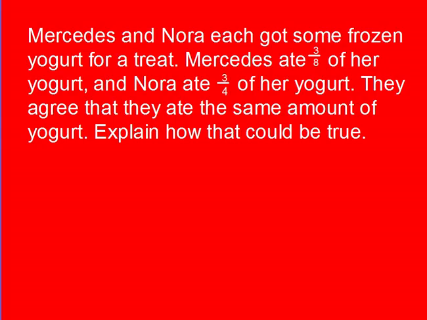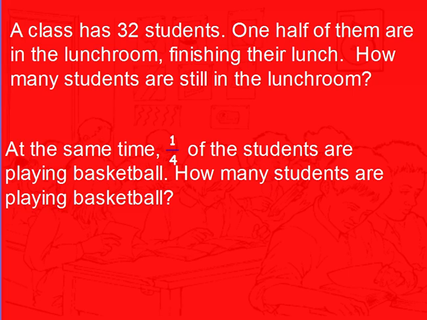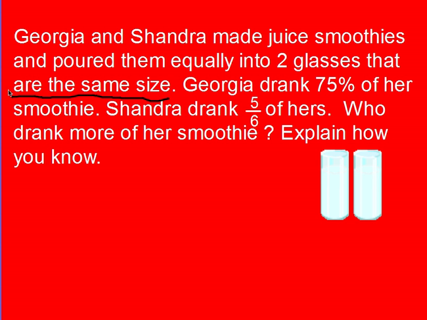Mercedes and Nora each got some frozen yogurt for a treat. Mercedes ate 2/3 of her yogurt and Nora ate 3/4 of her yogurt. They agreed that they ate the same amount of yogurt. Explain how this is true. So after working with this, if you haven't figured it out yet, go back and look how the wording is different from this one.